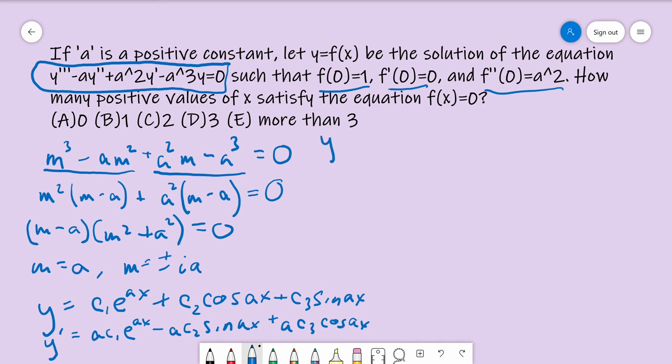Alright, and then y double prime, let's make a little border here. y double prime is going to be the derivative of that. Well, what's that?